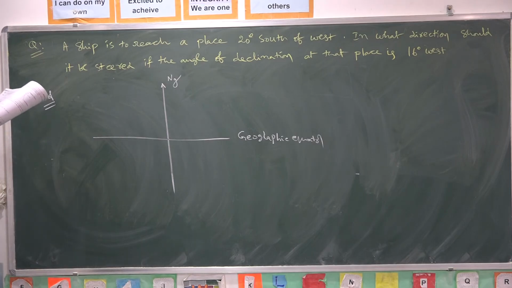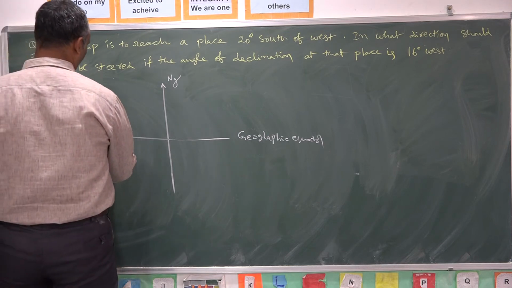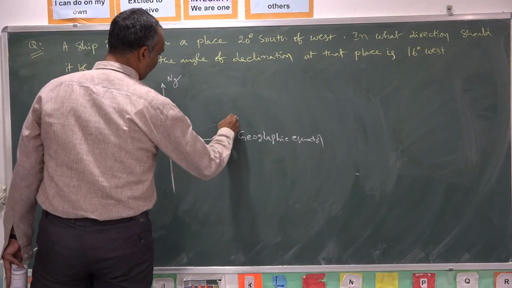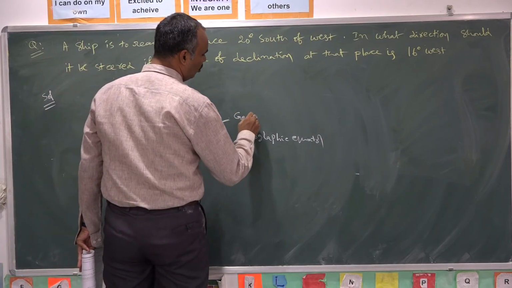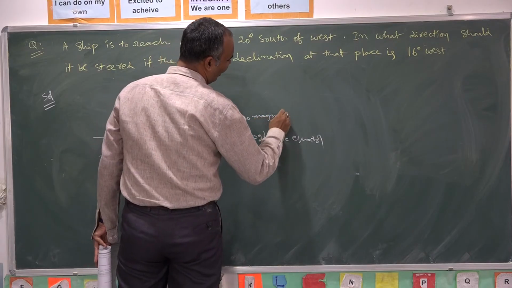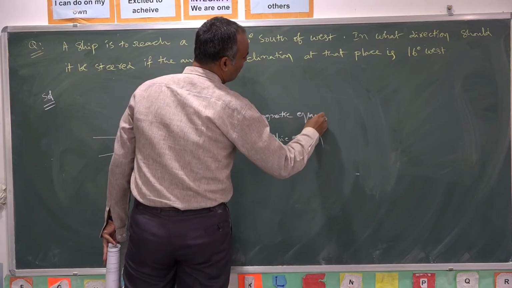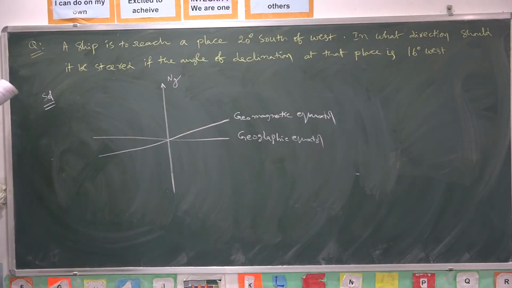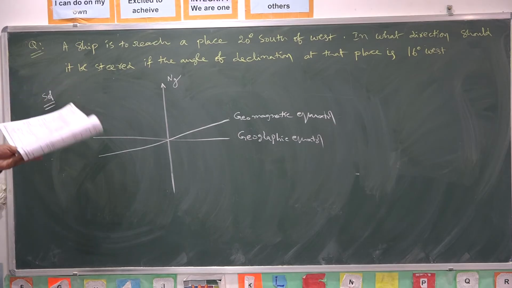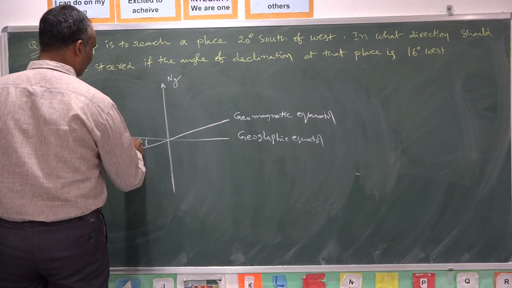Now, you know that the geographic equator and the geomagnetic equator, this is the geomagnetic equator. Both are inclined to one another at around 16 degrees.